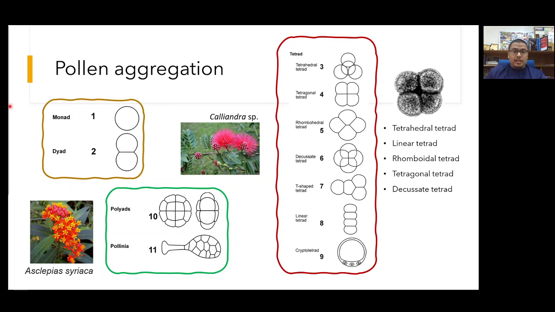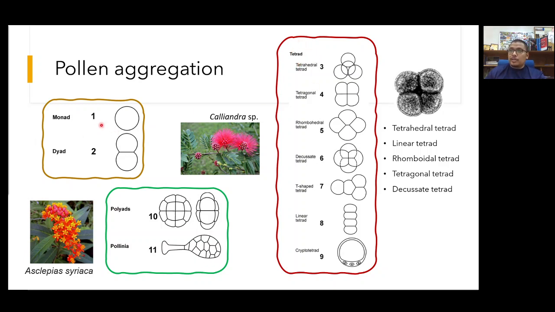So such single pollen grains we call monads. In some rare cases, we have pollen grains released and fused in pairs. We call them dyads. In most angiosperms, the four microspores do not separate, and the pollen grains form what we call a tetrad.